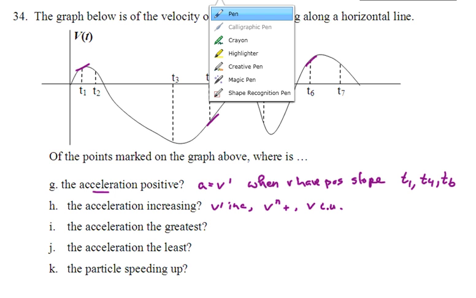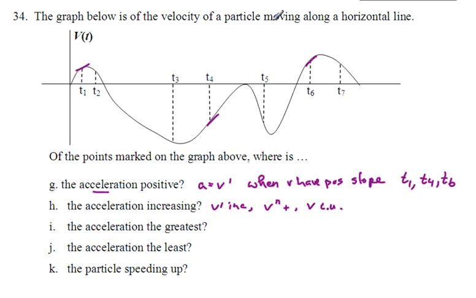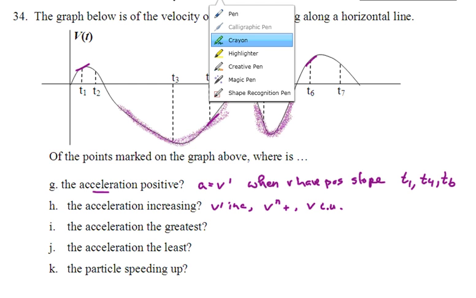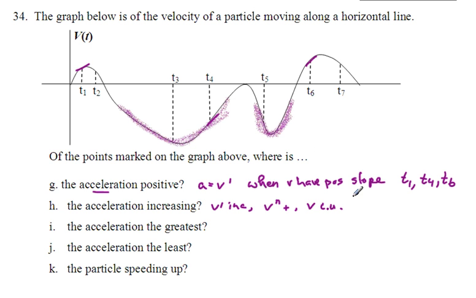So if we look at this graph and figure out when it is concave up, we'll have our answers. This first part is concave down, but I can see that I'm definitely concave up along this region here. And again, in this region here, I'm concave up. So my answers to this one are T3, T4, and T5.